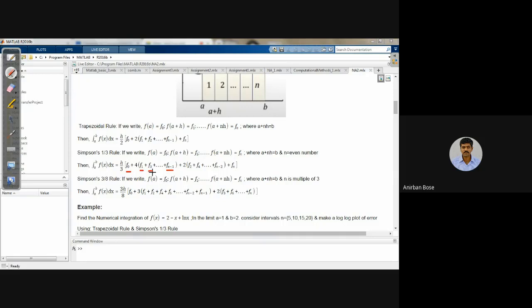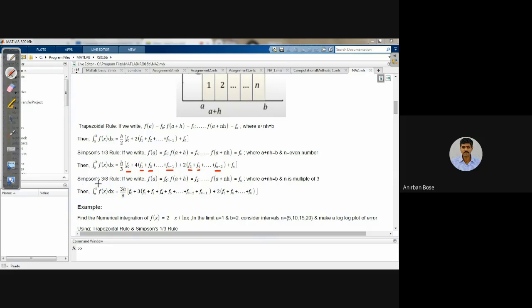Here you observe the even numbers are not there, only the odd numbers, f1, f3, like that. Already you know f1 means f(a plus h). And plus 2 into the even terms, that is f2, f4, ... fn minus 2, and finally fn is there. So you have to remember this pattern, how it is going.